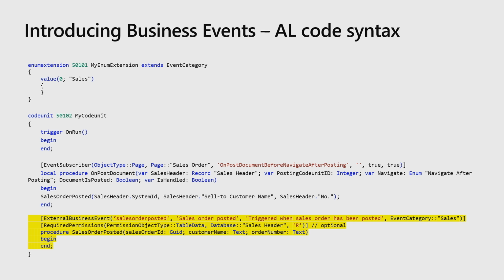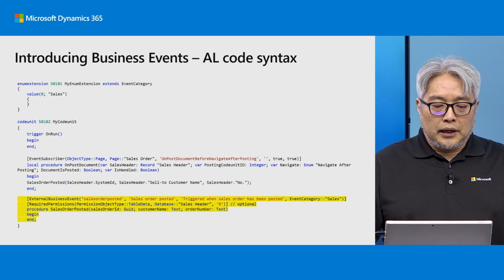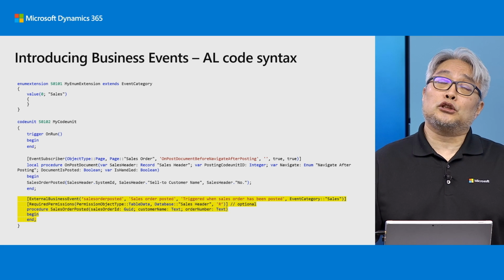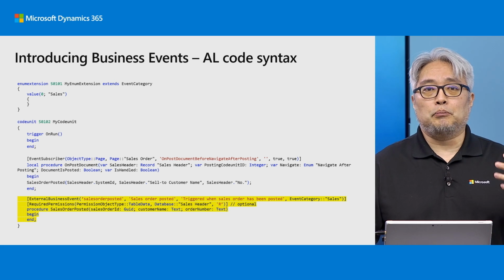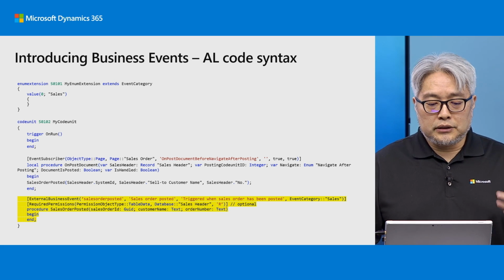So the definition of an external event for business event here is: you provide the event ID, or event name, in this case, sales order posted. You provide the display name that will appear on the external system like Dataverse or on the Power Automate trigger. You provide the description, and you provide the event category. And then you have an optional extra layer of security to make sure that people who subscribe to your event have the required permission.